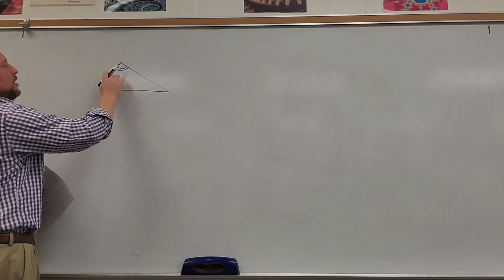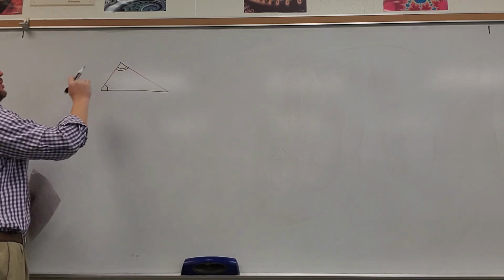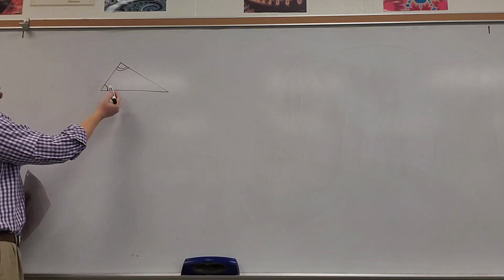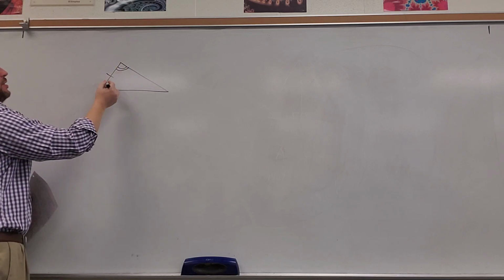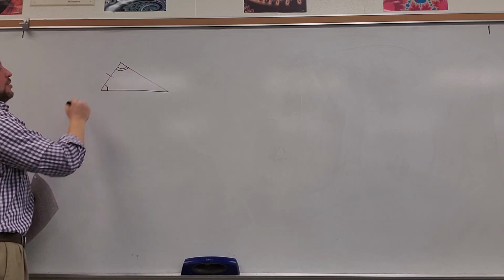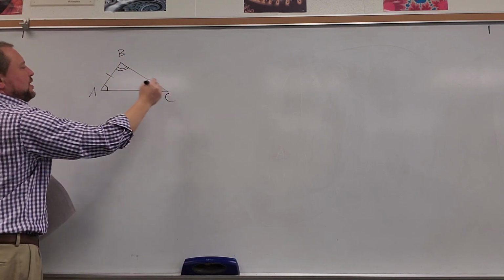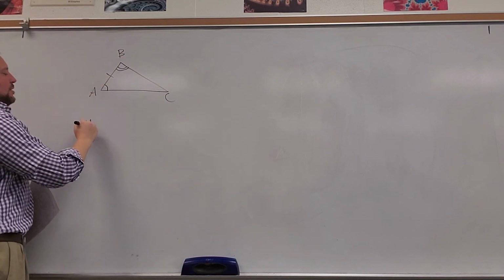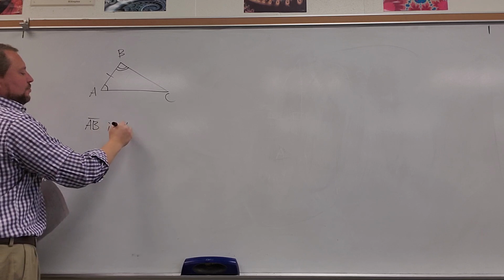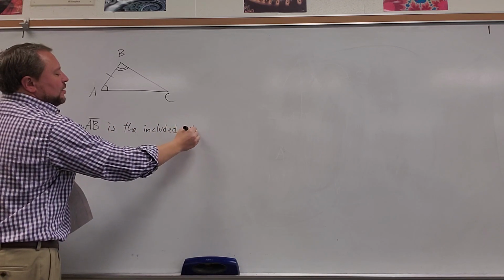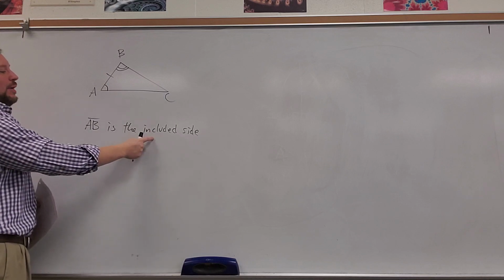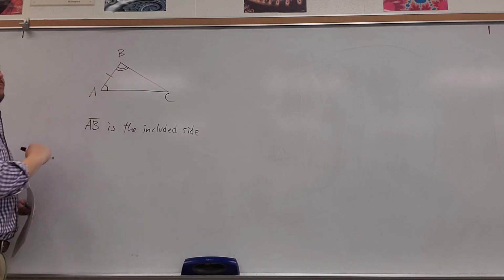So when I look at my angles here, these 2 in particular, the side that would be considered in between is the side that joins them. It's this side right here. So if I were to label this ABC, side AB is the included side, meaning that it is in between those 2 angles.